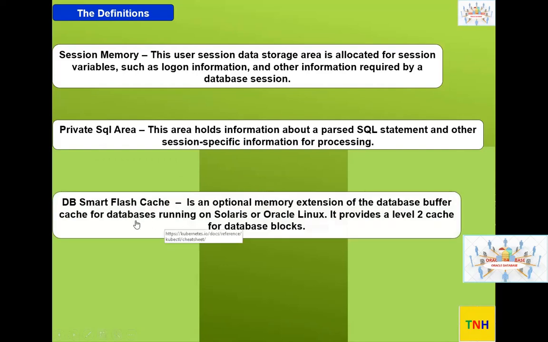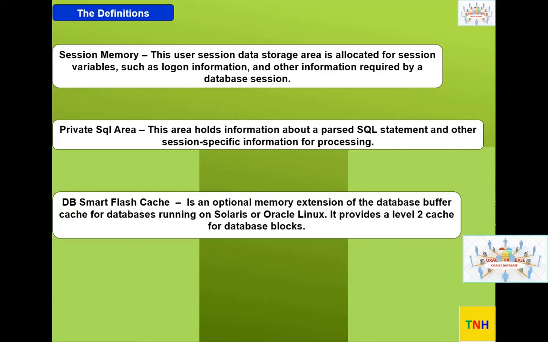Then the other one is smart flash cache. This is a platform specific optional memory area, an extension of the buffer cache for databases running on Solaris and Linux. In Windows, this is not available. It provides an L2 cache. It's an extension of RAM actually, because we know SGA is built on random access, volatile memory.